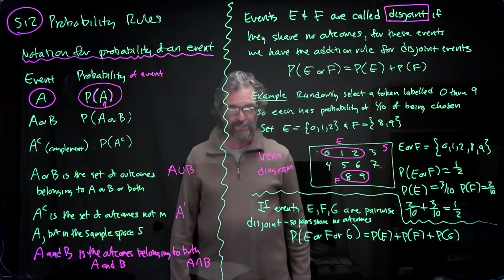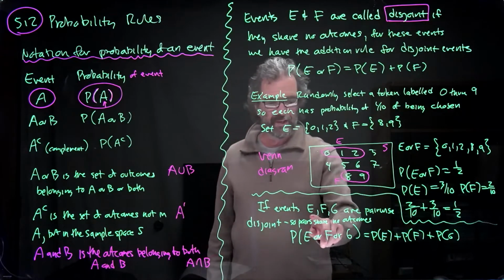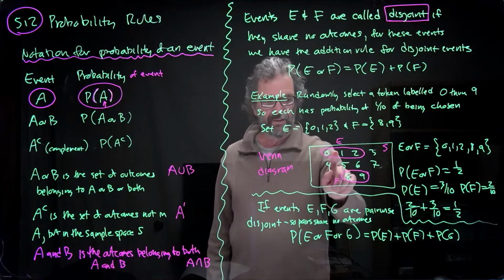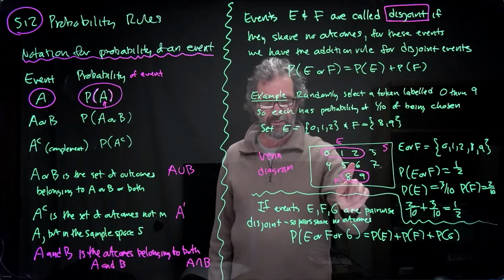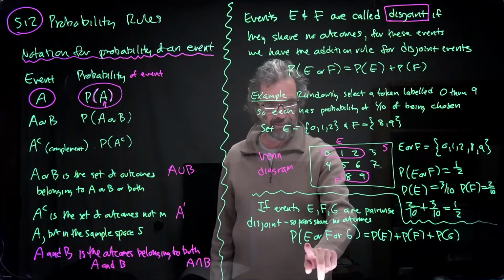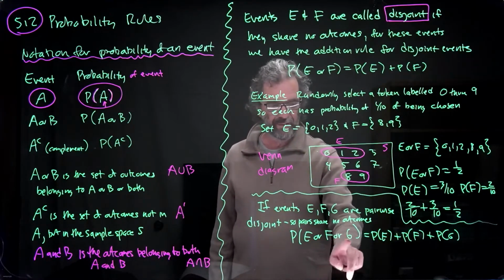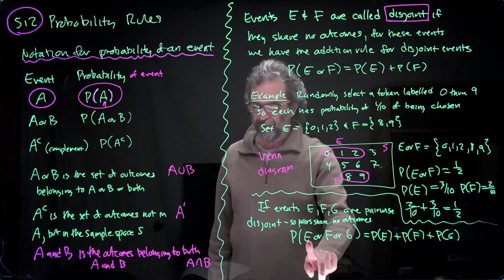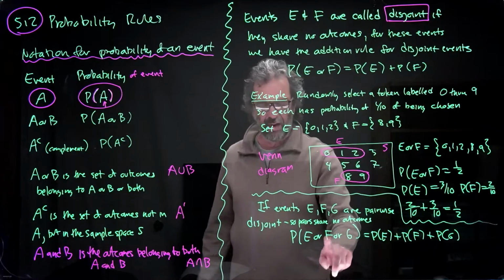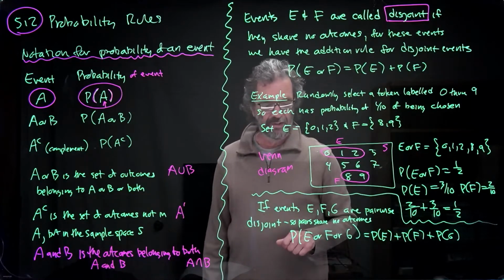Now we can extend this to more than 2 events. Say you had 3 events, E, F, and G. They don't share any outcomes. So these little circles indicating the events have no overlap. Then the probability of E or F or G, the outcomes belong to E, F, or G, or all of E, F, and G in any combination.